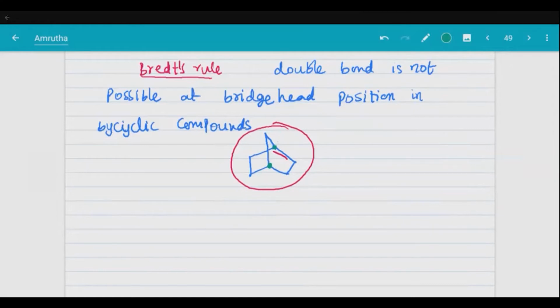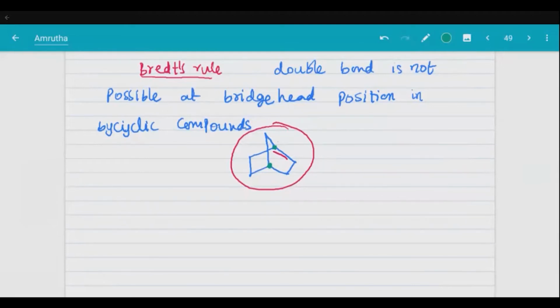Now you can see the options again. A double bond should not be possible at bridgehead positions. But look at the three bridged bicyclic compounds where you get a double bond at the bridgehead position. If you are getting a double bond at the bridgehead position, tautomerism is not possible.